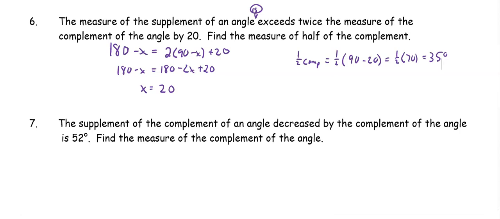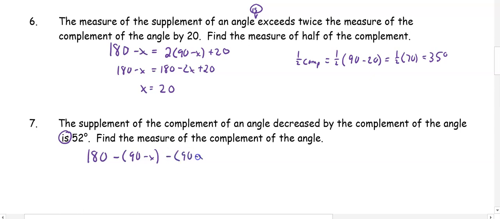Number 7, the supplement of the complement decreased by the complement is 52 degrees. So for the supplement of the complement, we're going to do 180 minus the complement, and decreased by the complement means minus again, so minus another complement, is 52 degrees.